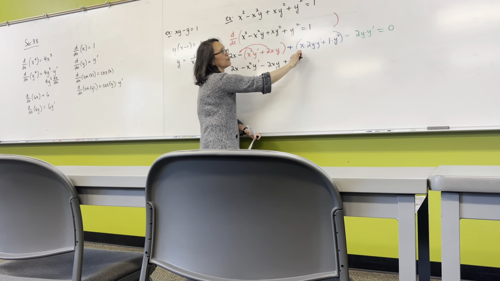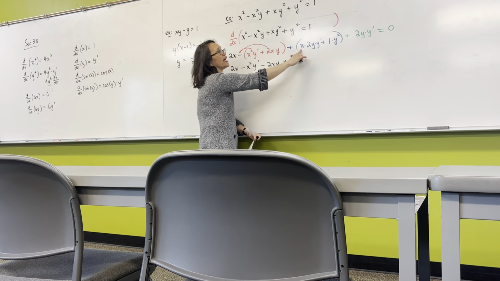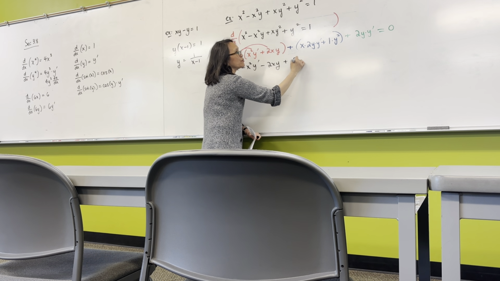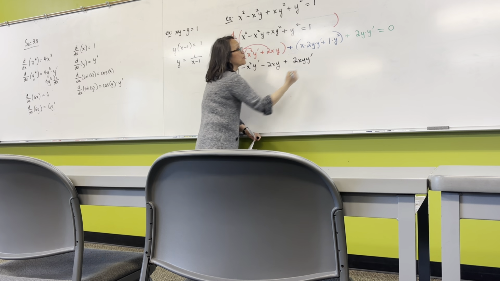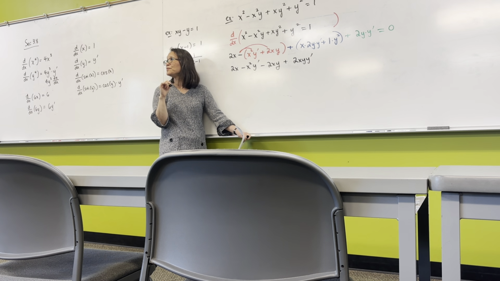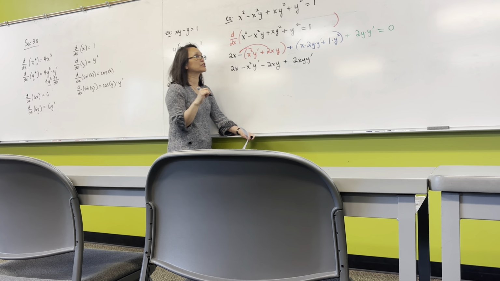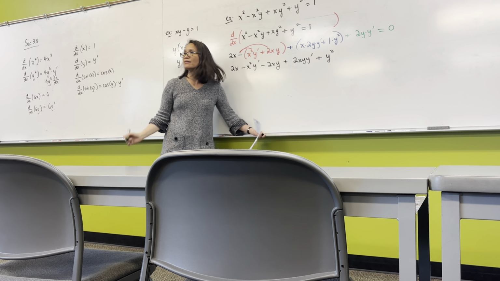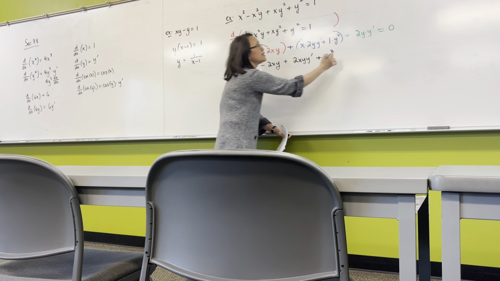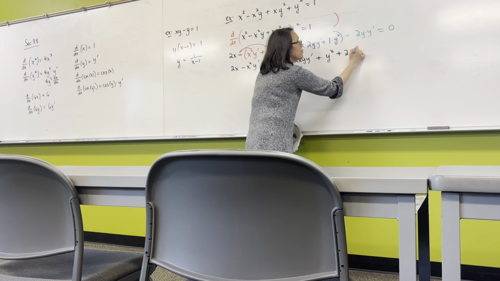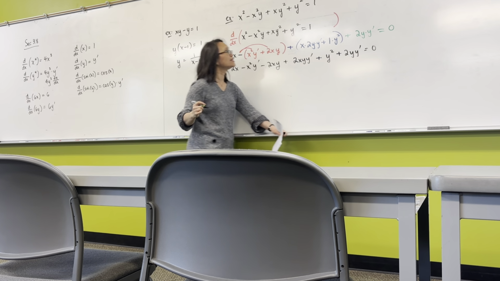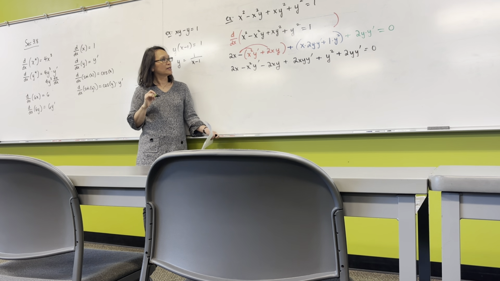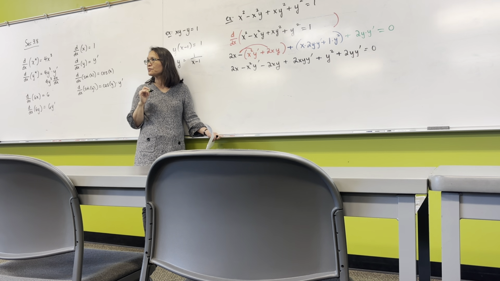I kind of like my numbers out front and not in the middle, so that x2y y prime, I'm gonna rewrite as 2xy y prime. Just put the number out front. Okay, but it's the same expression. Plus this 1y squared is just a y squared. Okay, and this is a plus 2y y prime equals 0. Any questions up through here?